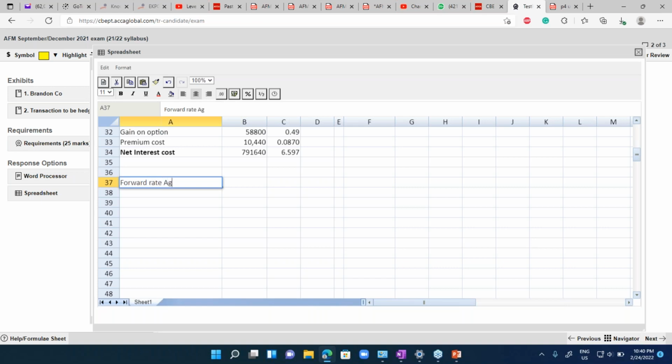Forward rate agreement. Company will lock 3 has 7 FRA at 5.9%.